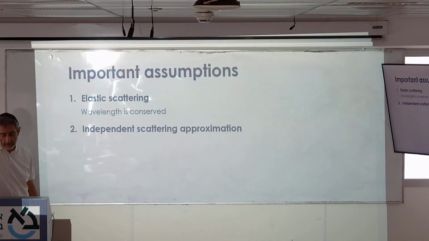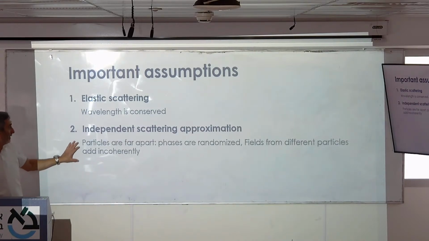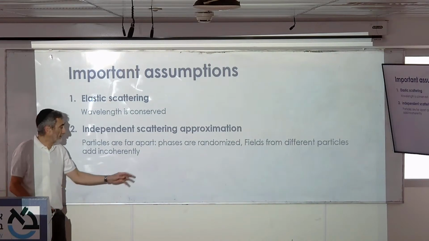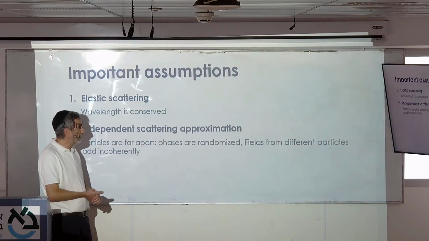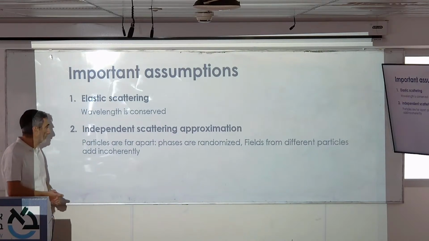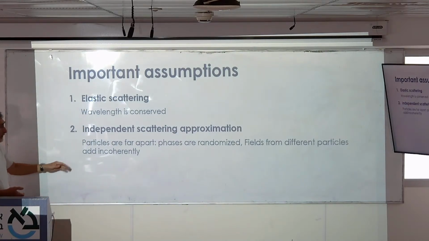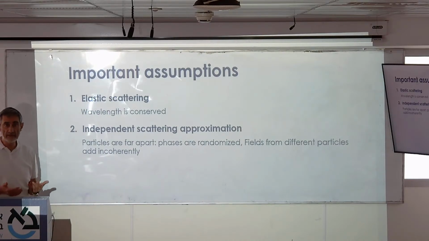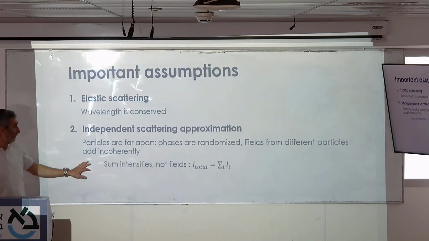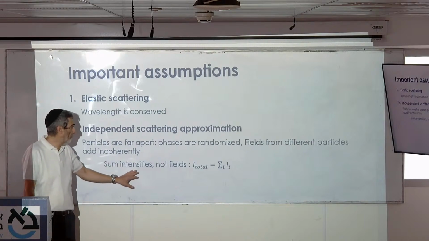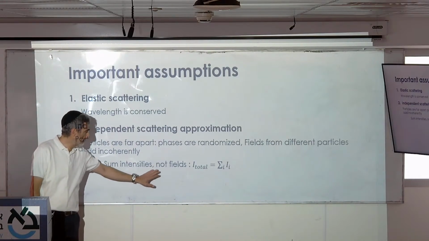So in that case, particles must be far apart, at least. In that case, phases are randomized, and the addition of the fields is incoherent. Incoherent means we don't take into account the phase, the fields, but we just add intensities. So what we observe at the output is a sum of intensities, not fields.